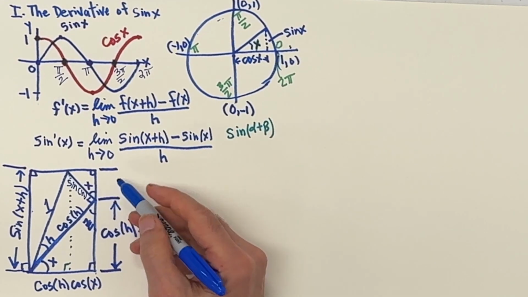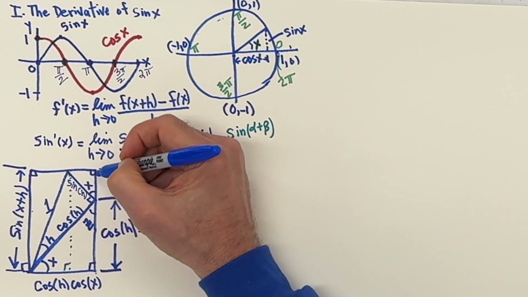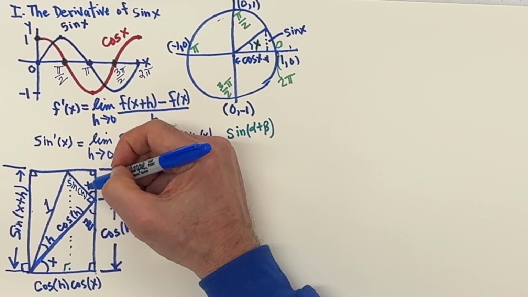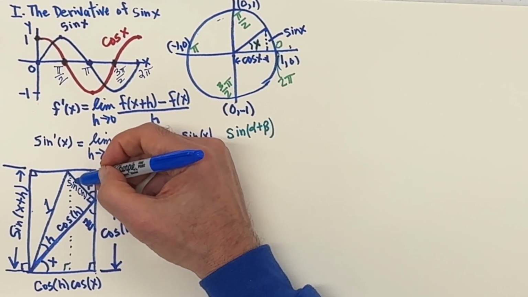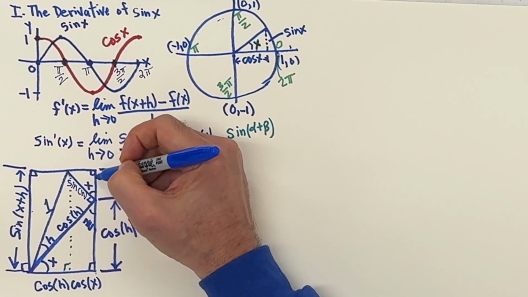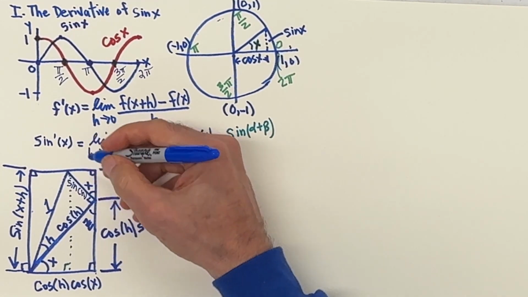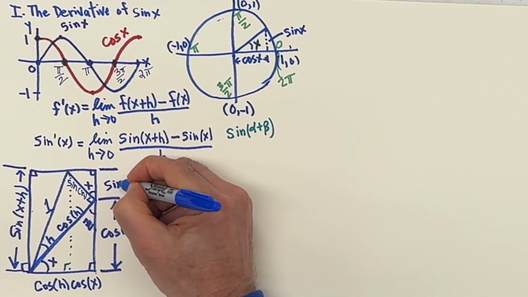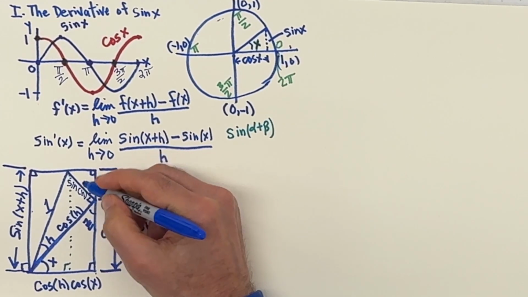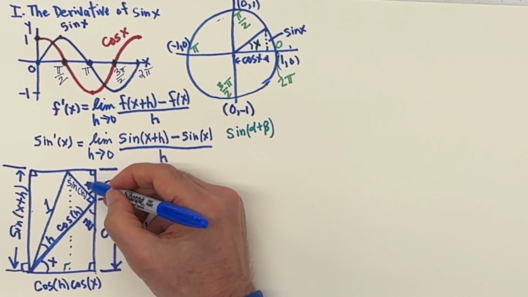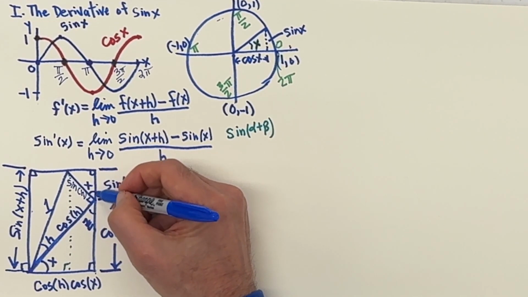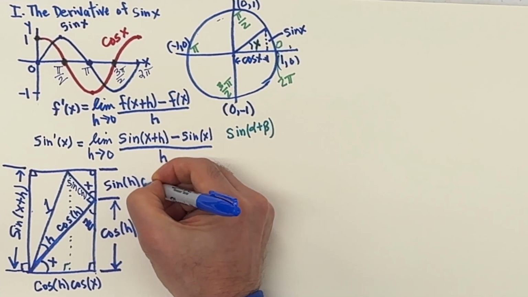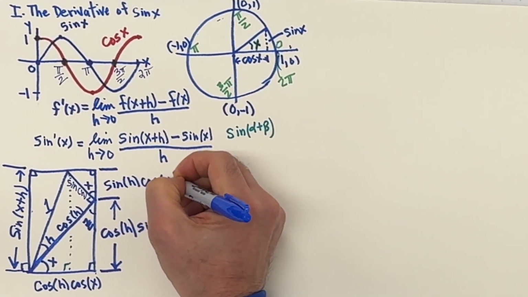Now this little piece here, if you look at this triangle and take the cosine of that x angle and multiply it by this hypotenuse, you will get that piece. Well, what is that hypotenuse? That is the sine of h. And then you need the cosine of that x to get that adjacent side. So that would be the cosine of x.